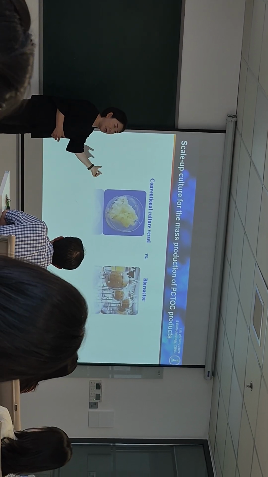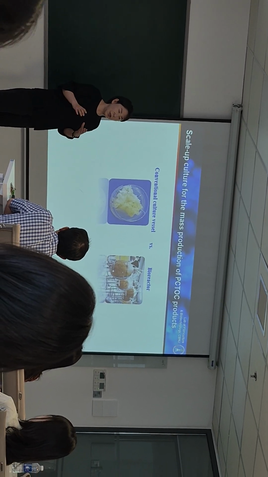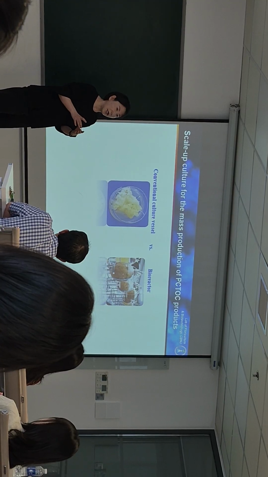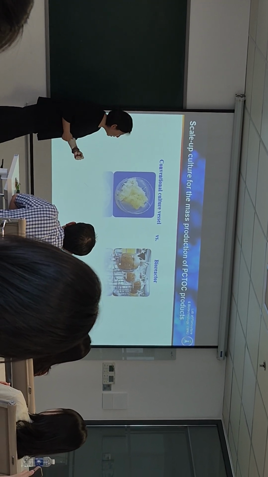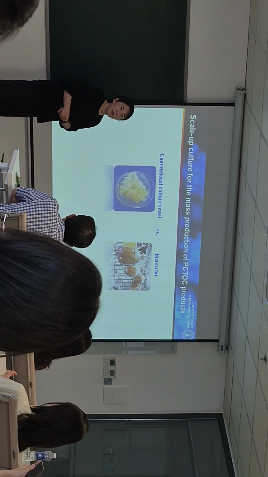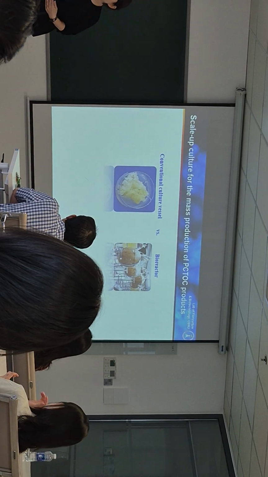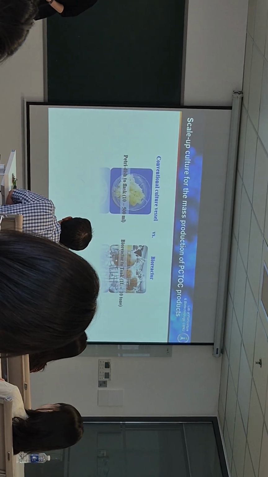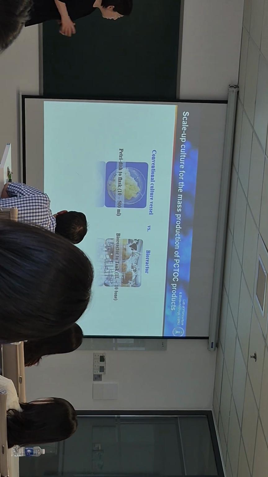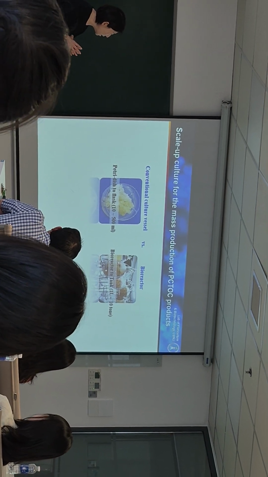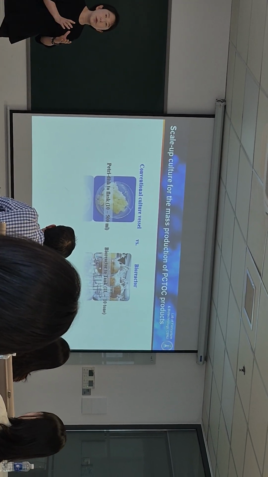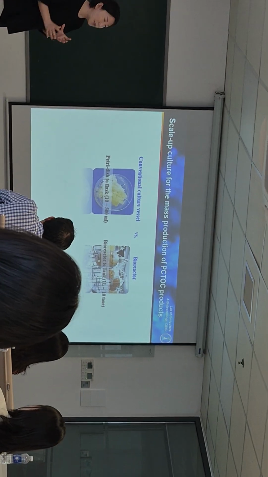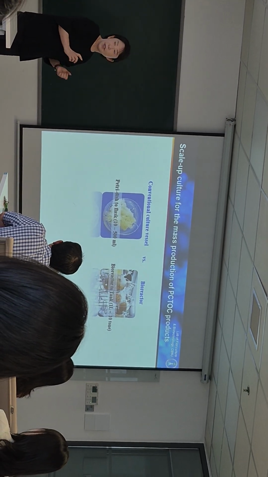This is a petri dish, as you all know, around 9 centimeters in diameter, and this one is a bioreactor, an air-lift type bioreactor. At small scale, we can say around 10 to 500 ml of medium is used.